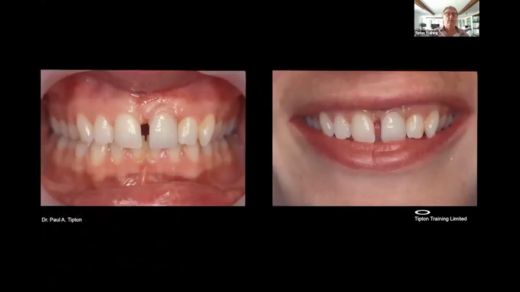Fortunately, it looks a pretty good result, especially at this level and this level. You cannot realistically see that there's too much going on. So with some pink porcelain, you can get yourself out of trouble. But that's another webinar, the use of pink porcelain to get around these problems.